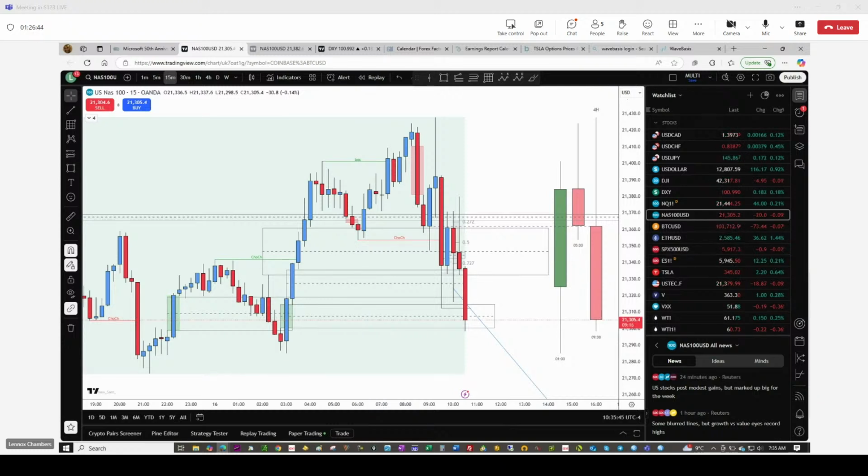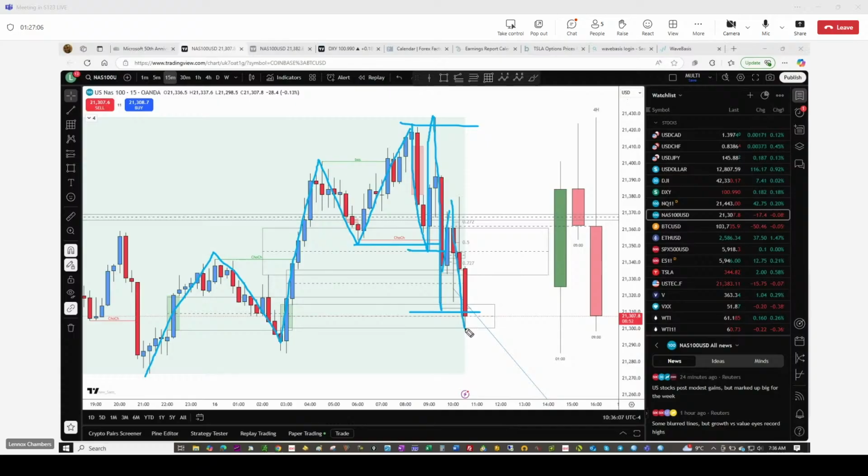So it looks like the structure might have been done at this point, George. We've got a 1, 2, 3, 4, and 5. They dropped it back down, swept this low. See that? They dropped it down, swept that low. Then they moved up one more time, swept that high. Now they've come back down again, swept this low.